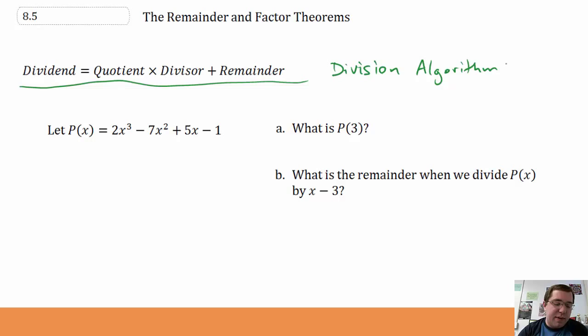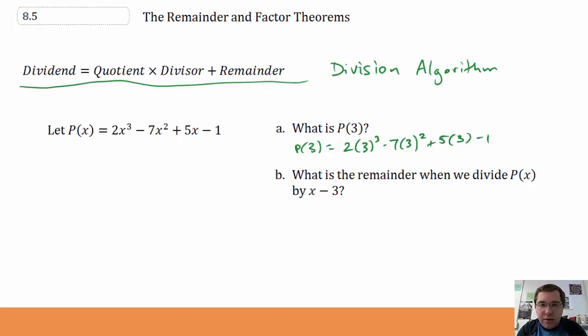So let's take this polynomial, p of x, which is equal to 2x cubed minus 7x squared plus 5x minus 1. I've got two questions here. What is p of 3? What is the value of p when x is 3? So p of 3 means we're going to plug in 3 for x. So we'll have 2 times 3 cubed minus 7 times 3 squared plus 5 times 3 minus 1.